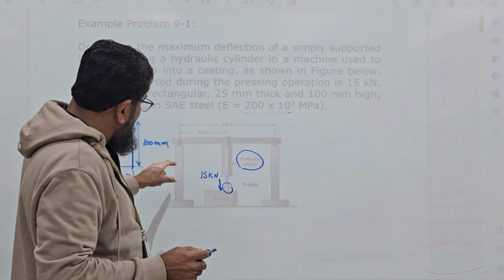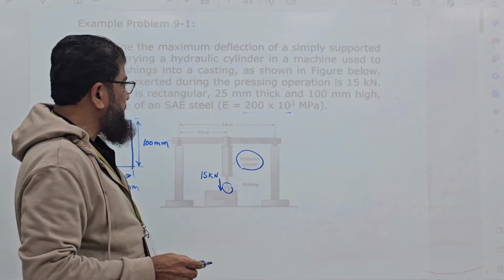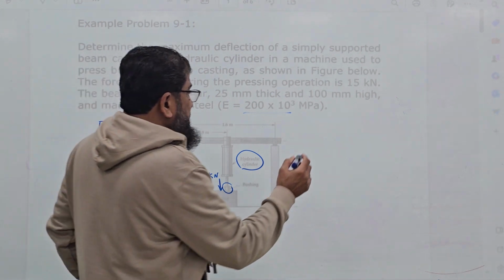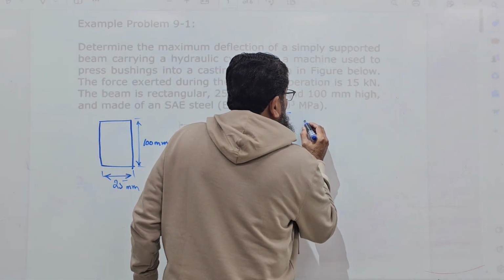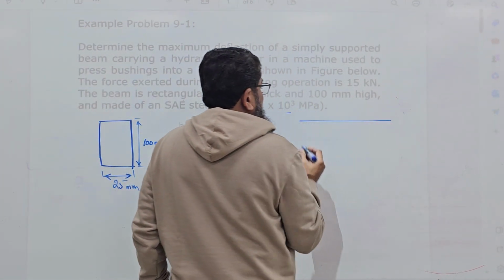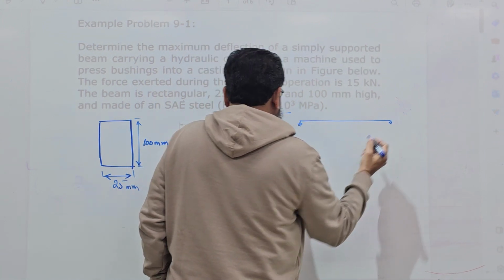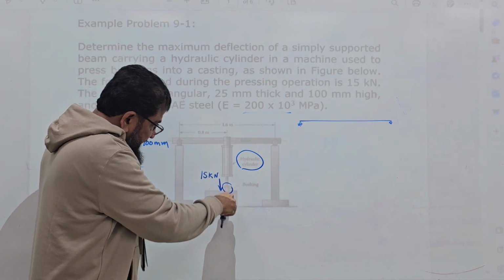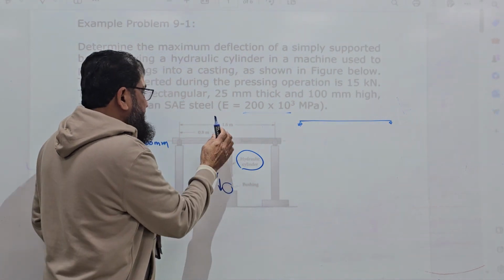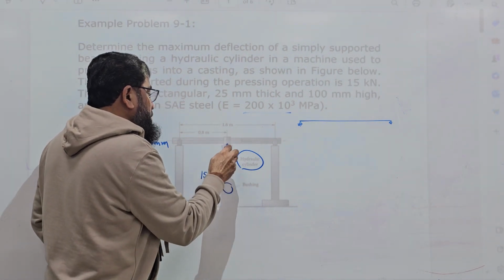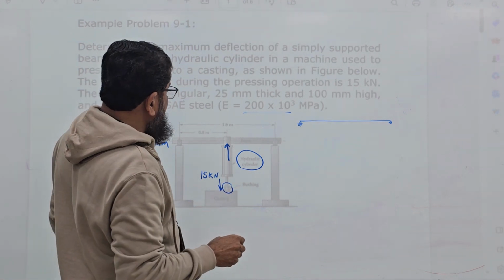So you can see here, this is supported here and this is supported here. If I want to draw the beam, it looks somewhat like this. Now when there is a force acting downwards, there is an equal and opposite reaction acting upward here, exactly in the middle.